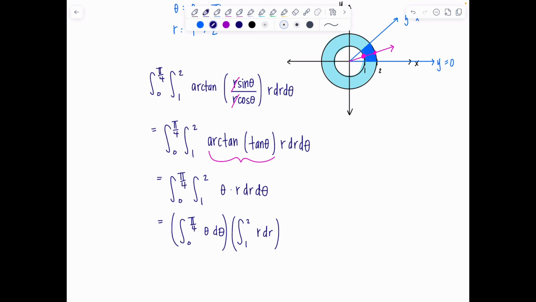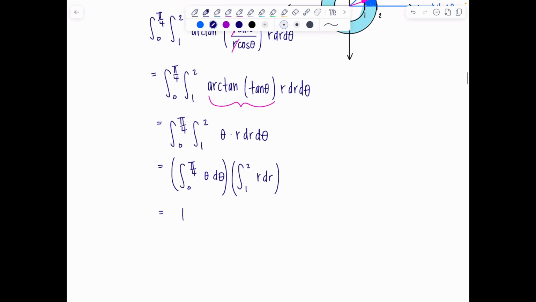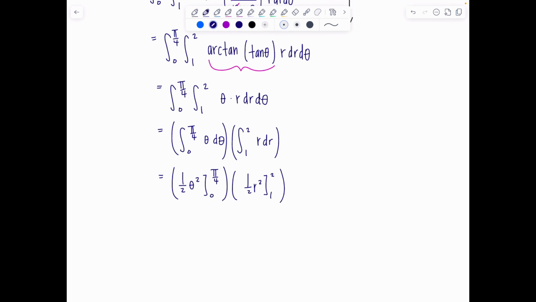Okay, very good. So then this is going to give us 1/2 theta squared, evaluated from 0 to pi over 4, times 1/2 r squared, evaluated from 1 to 2. So what is this going to be? I wanted to take these guys out together.